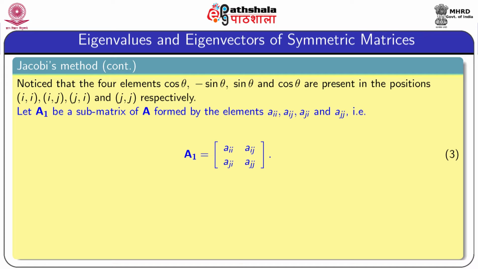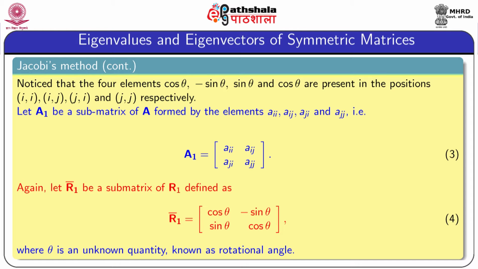Let A1 be a submatrix of the given matrix A formed by the elements Aii, Aij, Aji and Ajj. That is, the submatrix A1 of A is a matrix of order 2 by 2 shown in equation 3.